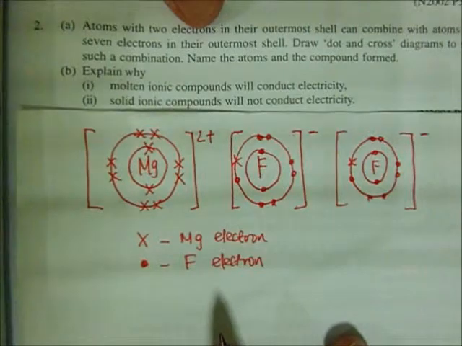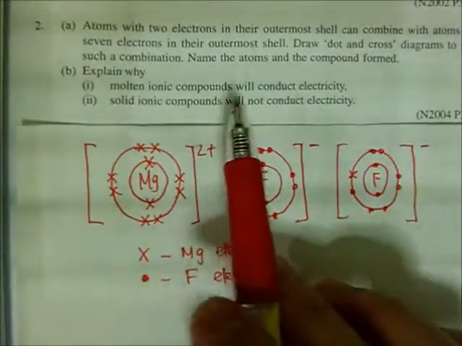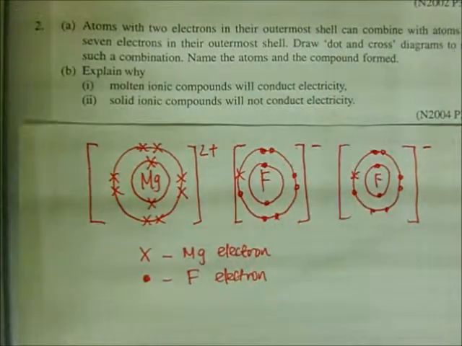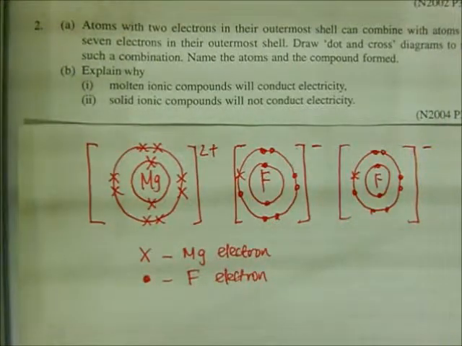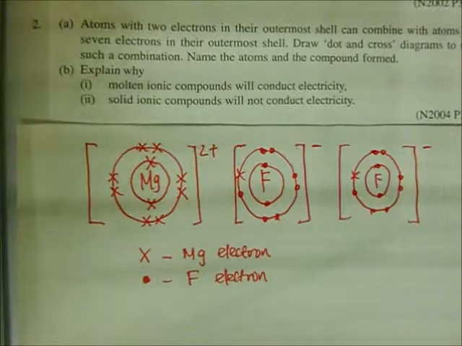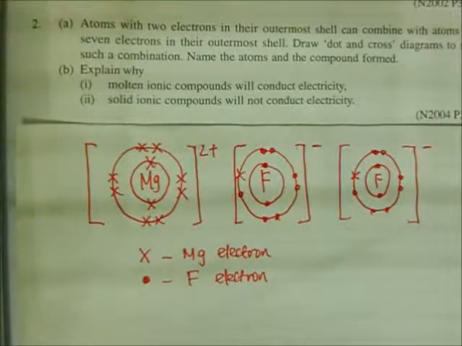Now explain why molten ionic compounds will conduct electricity. Solid ionic compounds will not conduct electricity. Okay, you have to explain why molten ionic compounds will conduct electricity.